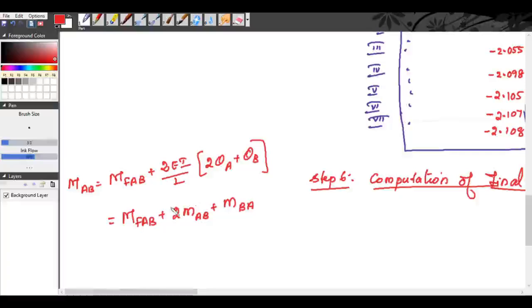This is the rotational contribution. We saw these things in our derivation.